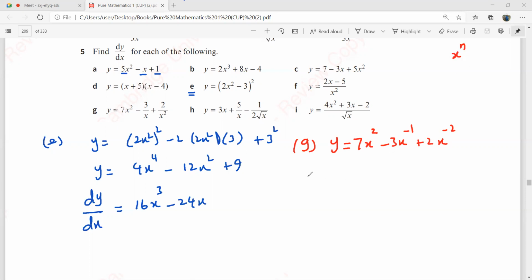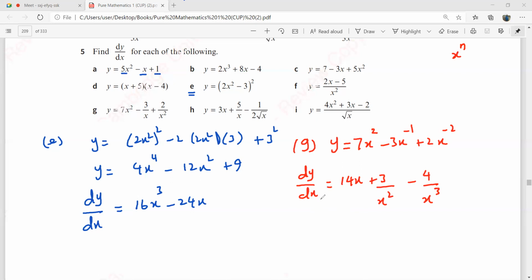So now we can differentiate. So I'll write on the left hand side the dy by dx, because the whole equation is going to be differentiated. This is going to be 14x minus 1 times minus 3 will give you plus 3, and x to the power minus 2. I'll write it down here. This is minus 4, and x to the power minus 3, so I'll write it here. This is minus 4 over x cubed.